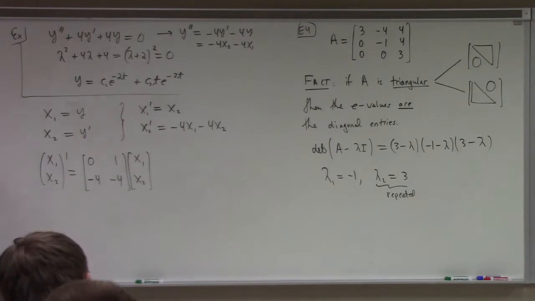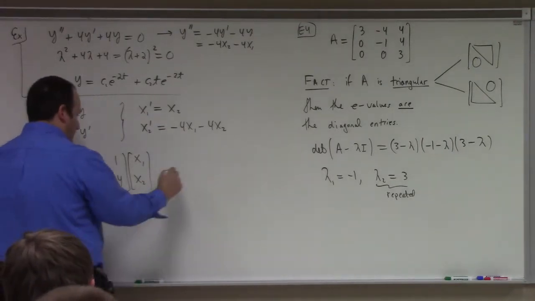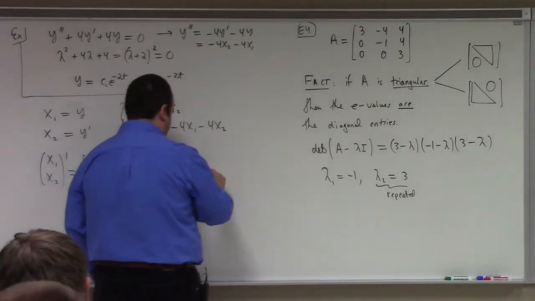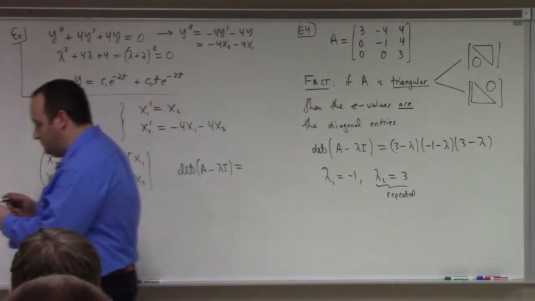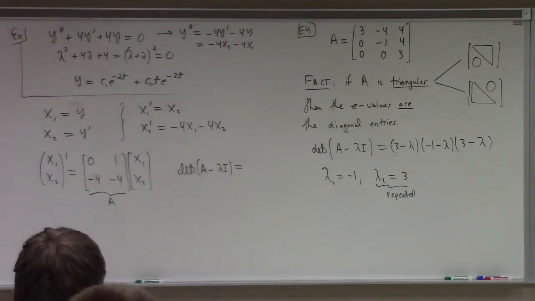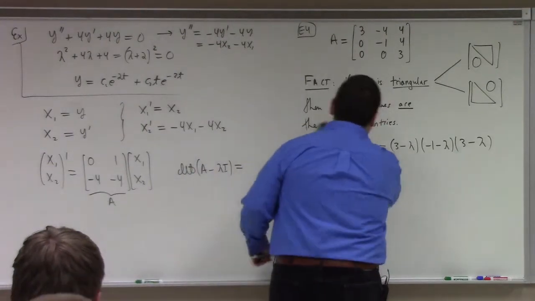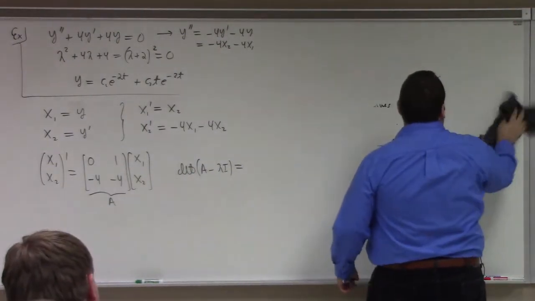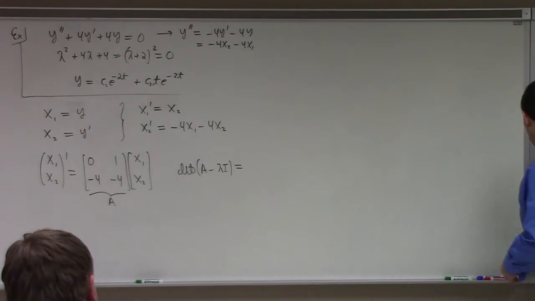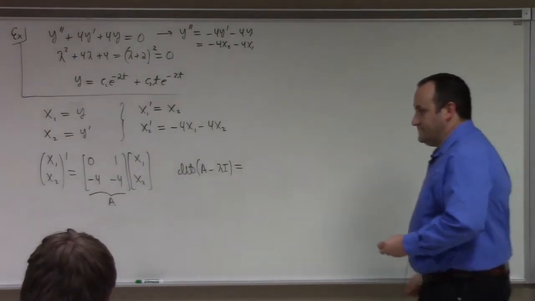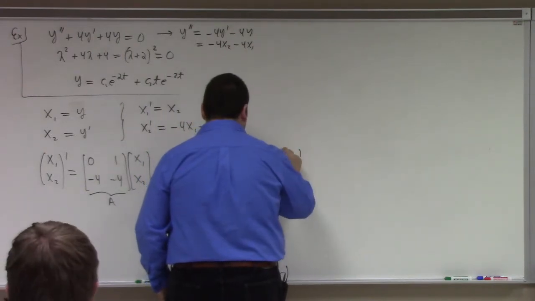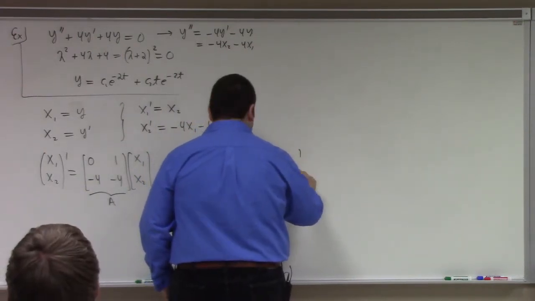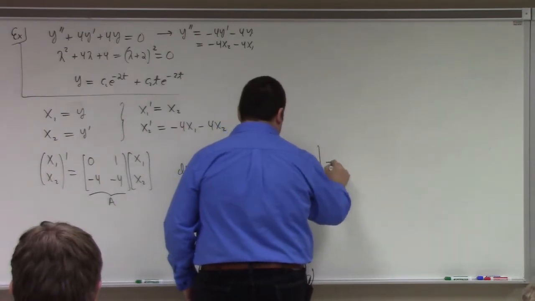If we look at this A, what's the determinant of A minus lambda I here? Minus lambda times minus 4 minus lambda minus 1 times minus 4, which is what?